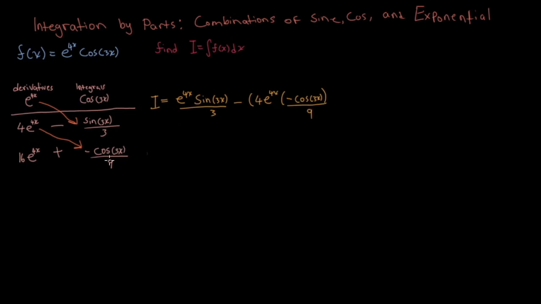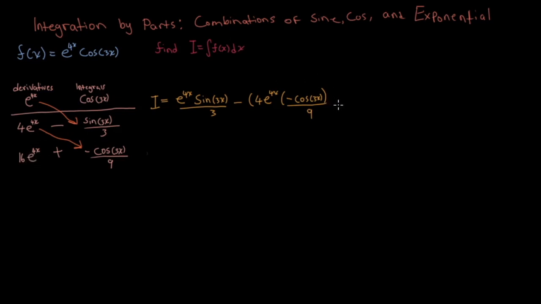Now this is the next stage, I guess a critical stage. What we're going to do here is go plus the integral. We're going to multiply negative cos 3x by 9 times 16 times e to the 4x.